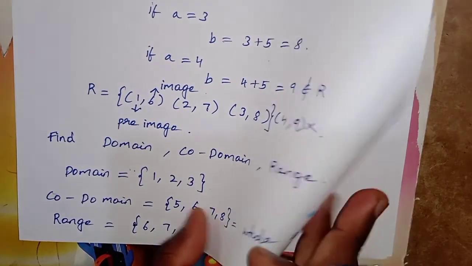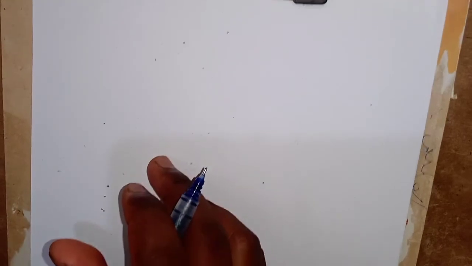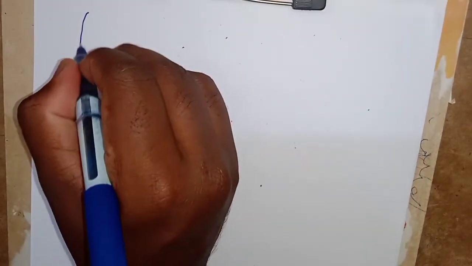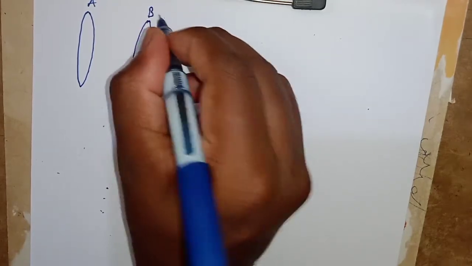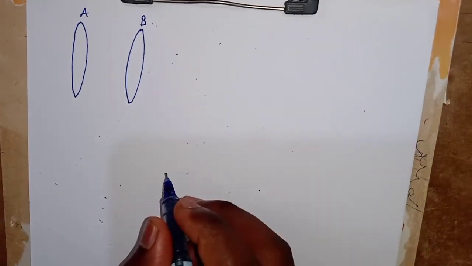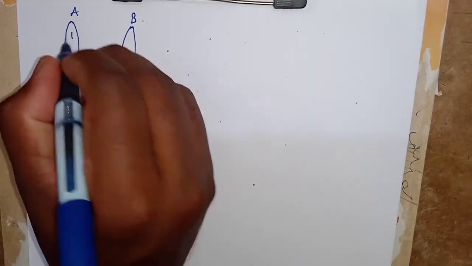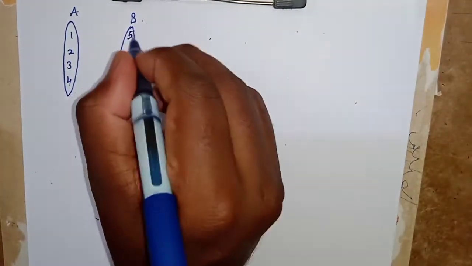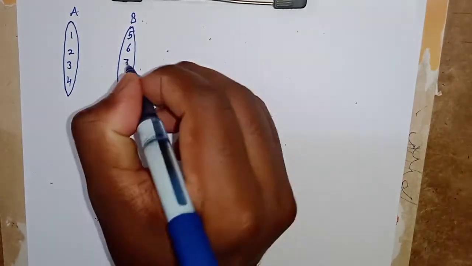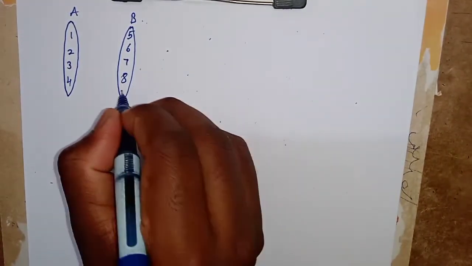Okay, next, how you can find whether it is a function or not. Here, for it to be a function, there are two conditions. First, here 1 2 3 4, here 5 6 7 8 9.